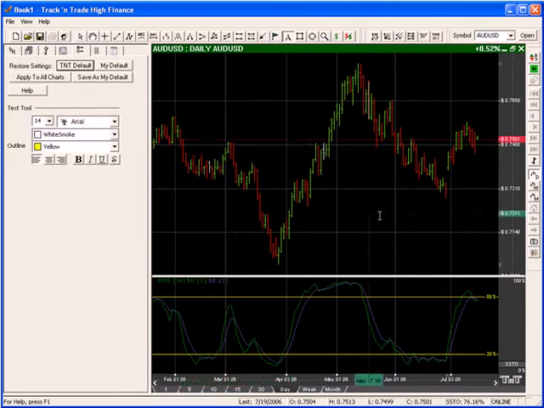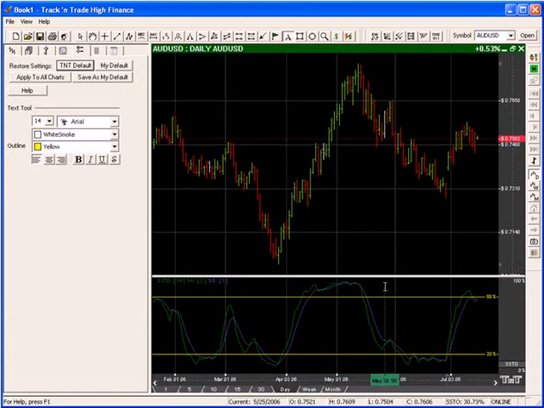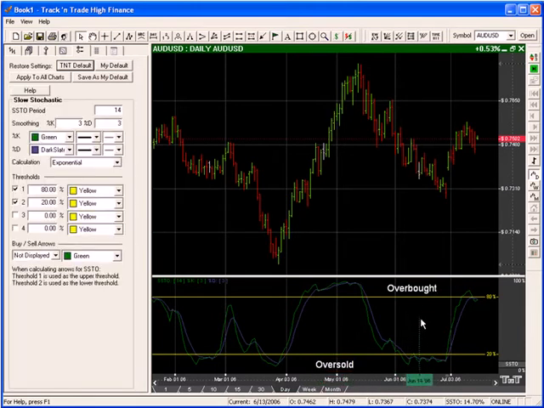The upper region up here above 80 is considered the overbought region, so I'm going to label that as the overbought region. The lower region down here in the bottom is known as the oversold region.